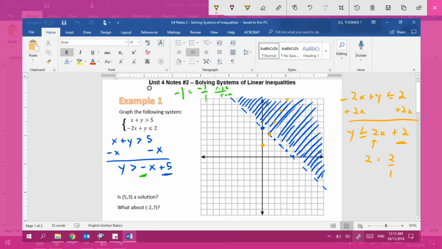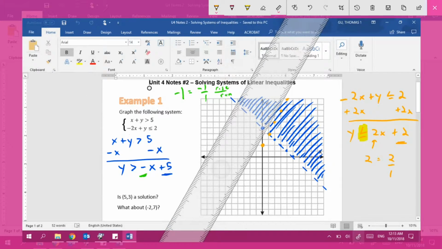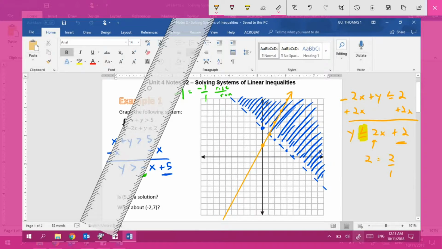And now let's see what kind of line we're going to use. We can see that this time we do have the equals at the bottom. It's less than or equal to, which means this is going to be a solid line. Make yourself a note what kind of line you're using depending on the equal sign or not, so that way you don't get confused. So this one is a solid line, there we go.